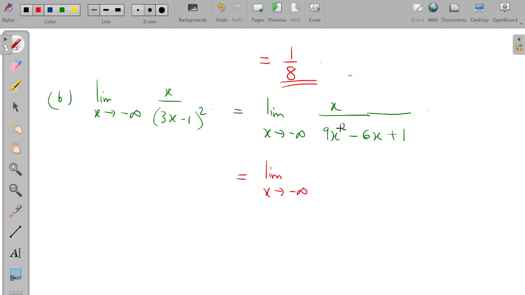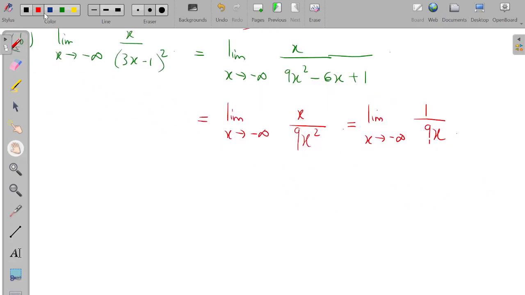Okay, so the behavior will also be determined by the highest power we have. The highest power at the numerator is just x, while the one at the denominator is x squared. So we have limit as x goes to negative infinity, this can cancel one of these, then it becomes 1 over 9x. This is the same thing as 1 over 9 times the limit as x goes to negative infinity of 1 over x.